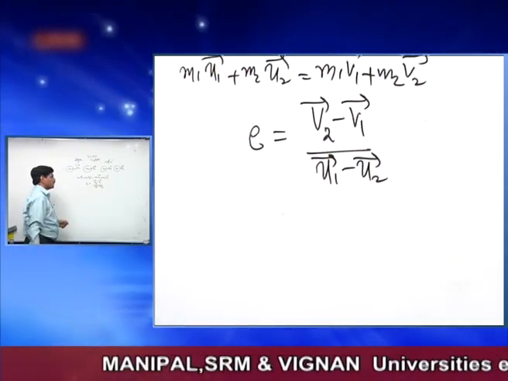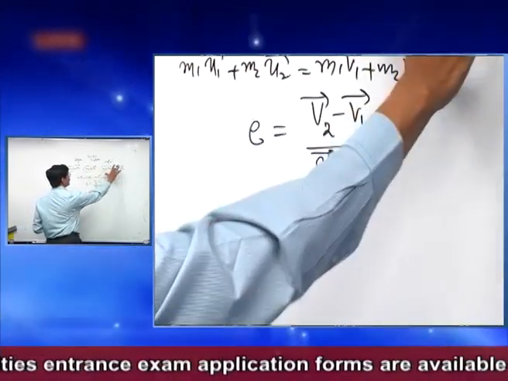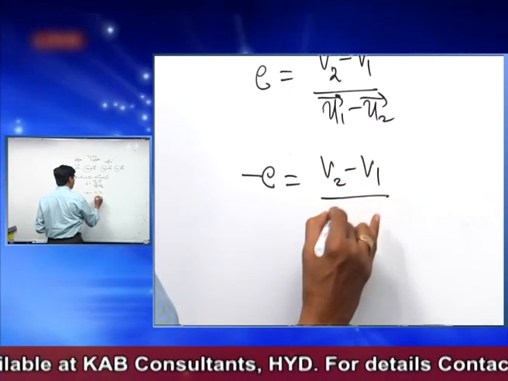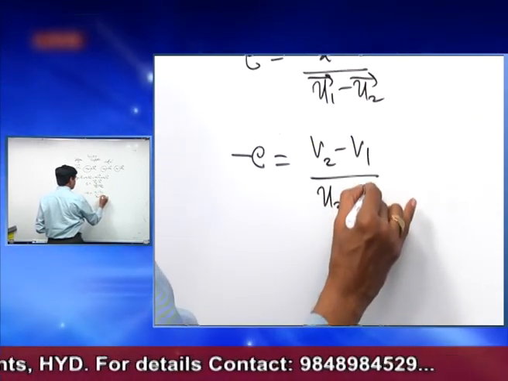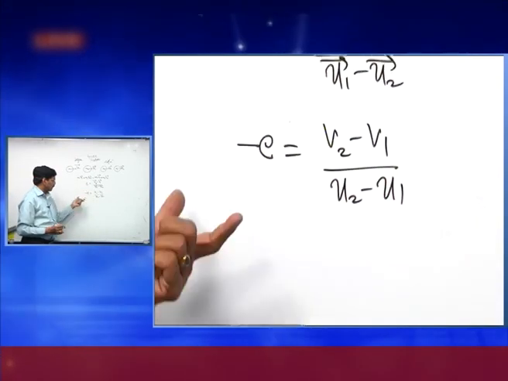Or minus e, because all the velocities are in the same direction before and after collision, we write (v2 minus v1) by (u2 minus u1) with a negative sign here. Like this we can write the equation.